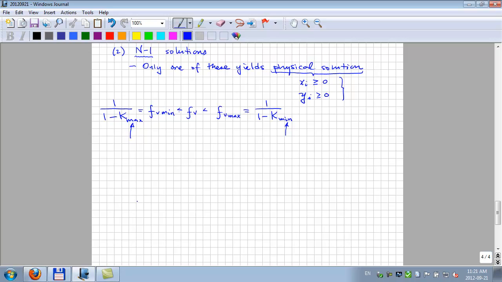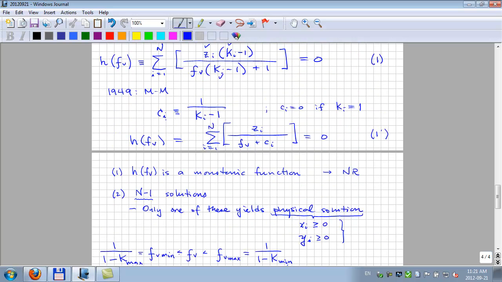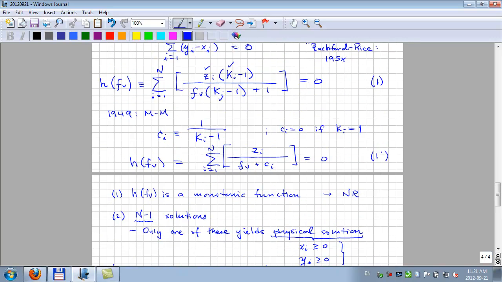Let's see here. I'll just sketch for you what this function will look like. I'll plot f of v here. That's our variable. And then what you'll see, from this equation, either one of them, is that if f of v is chosen such that the denominator is 0, what do we get for the sum?